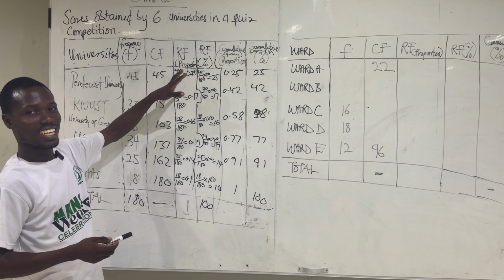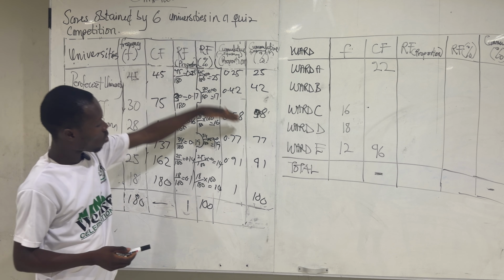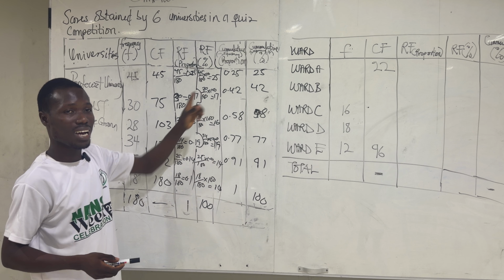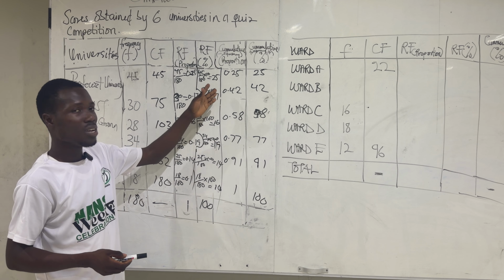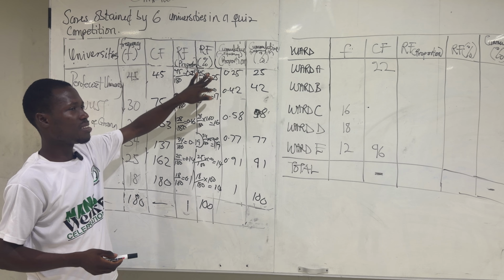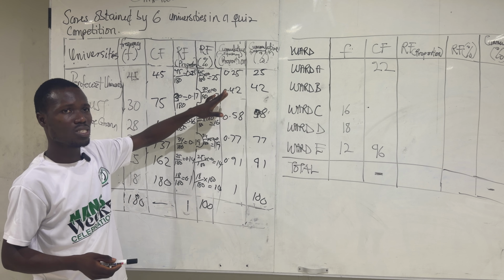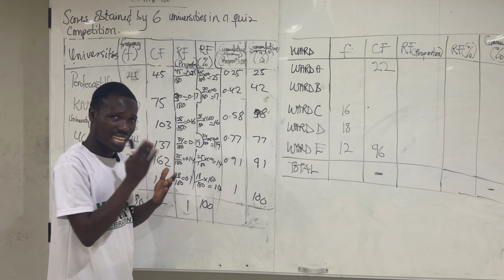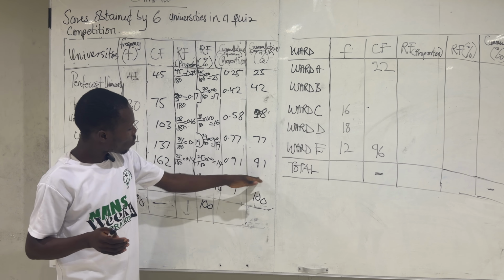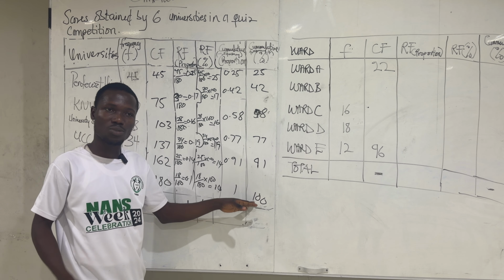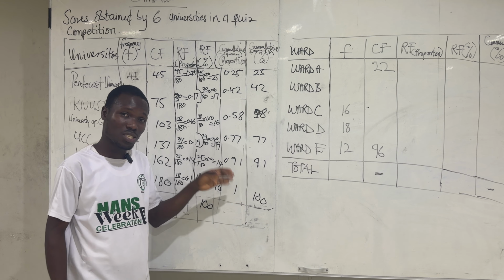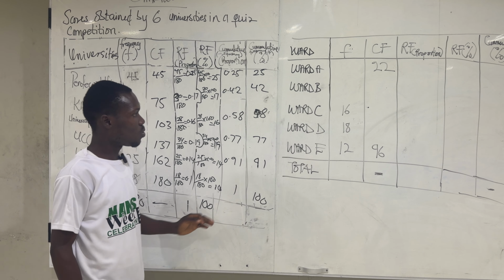So you see the reason why we are getting more than 100 is because of the decimals, how we rounded it. Ideally, you have to run it to 3 or 4 decimal places, and then you automatically get the exact 100. But when you get this, it doesn't mean that you should write 101. You still have to write 100, because that is the statistics principle. Do you get it?